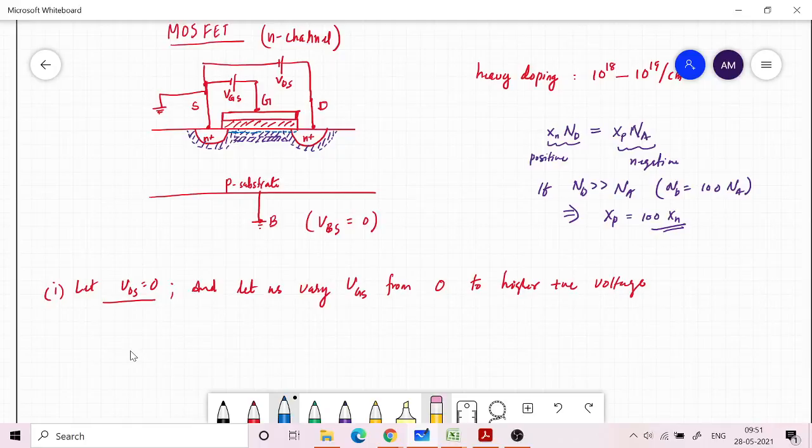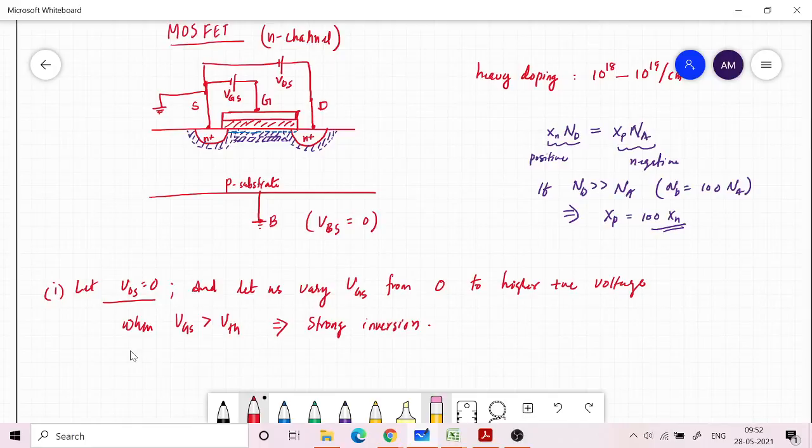Once strong inversion happens, what is the condition for strong inversion? When VGS becomes greater than VTH. So we define what is called the threshold voltage, then we will have strong inversion.